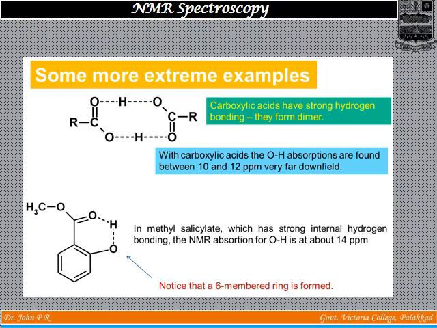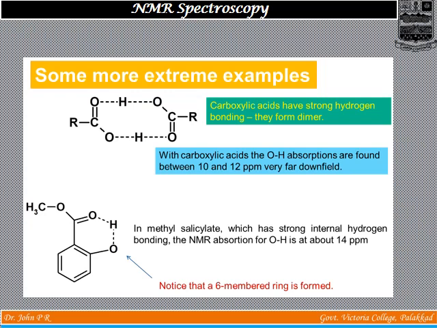And that's the reason why those hydrogens are highly de-shielded. Not only hydrogen bonding, but also the electronegative influence of the COO grouping.